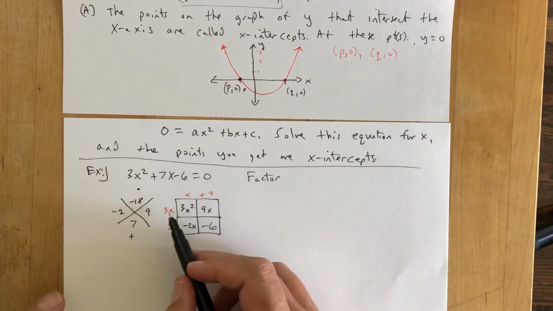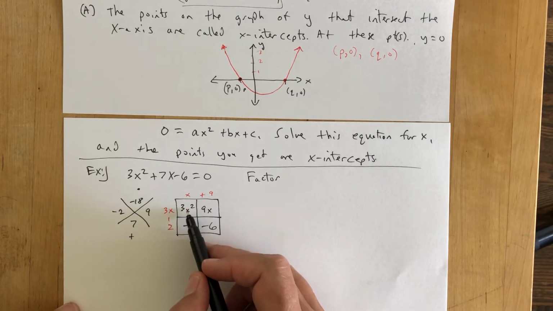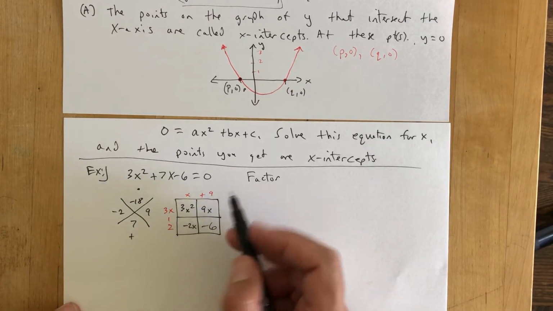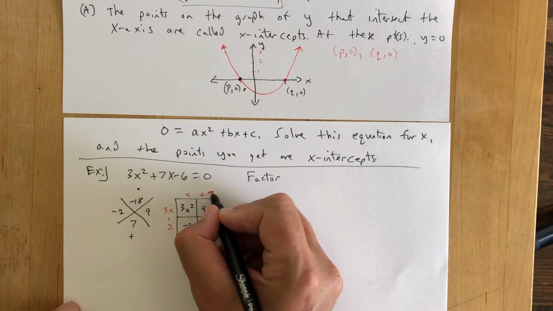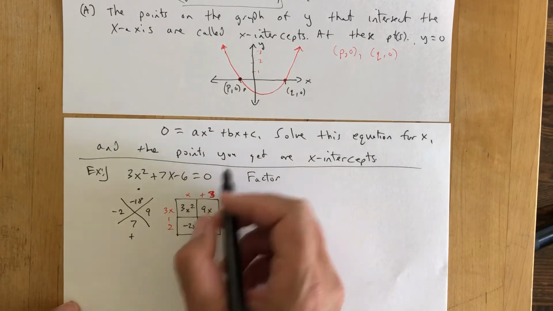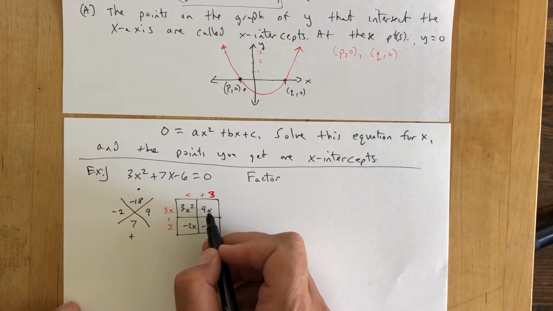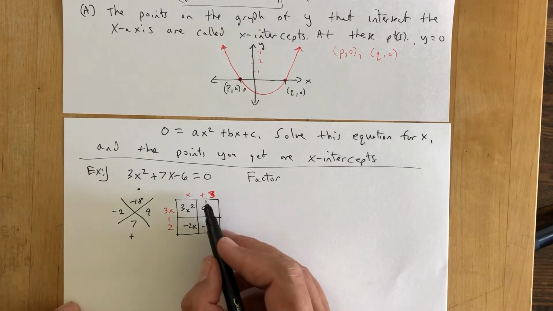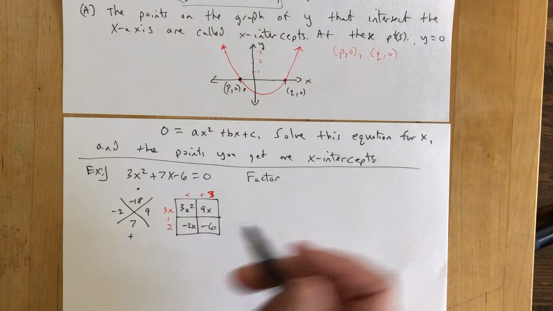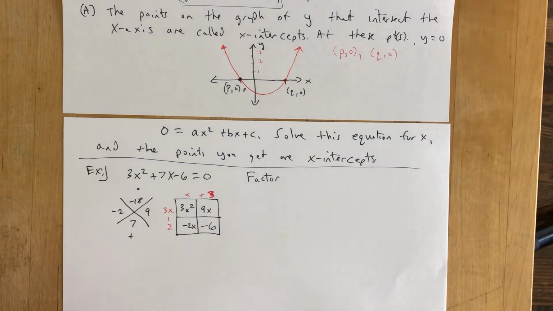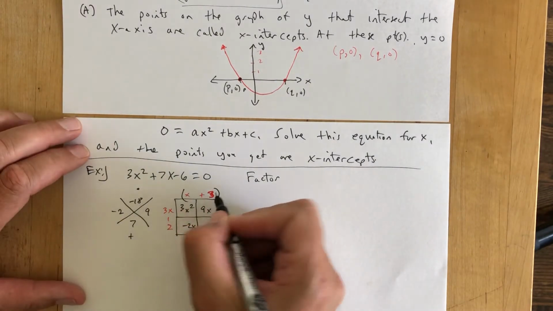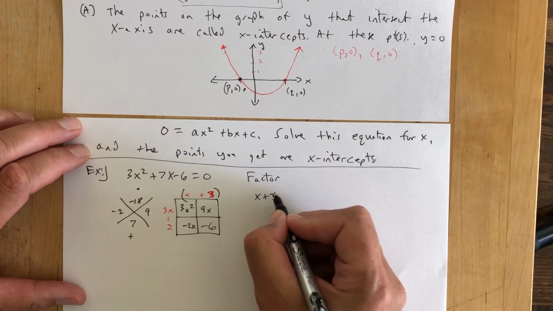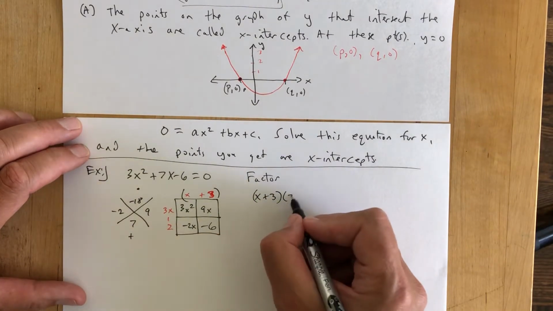So let's check. 3x times x is 3x squared. 3x times 3 is 9x. X times minus 2 is minus 2x, and 3 times minus 2 is minus 6. There we go. So we factored it. This is one factor, and this is the other factor.